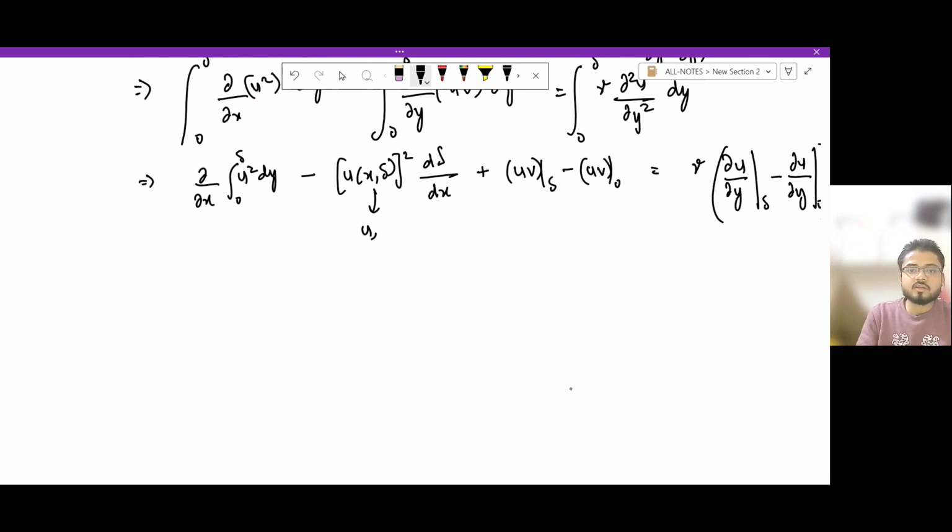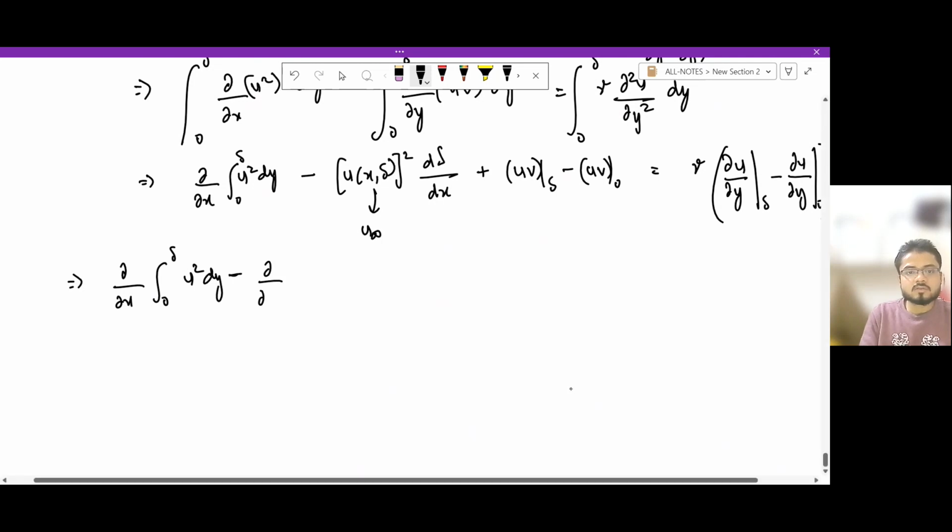And this is u infinity. So you can always write it like this: del by del x of integral of u squared dy, minus u infinity squared delta, plus, yes, this one.